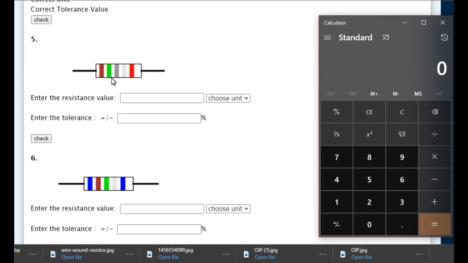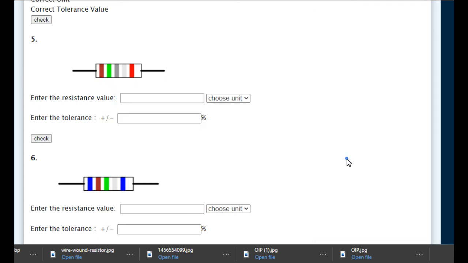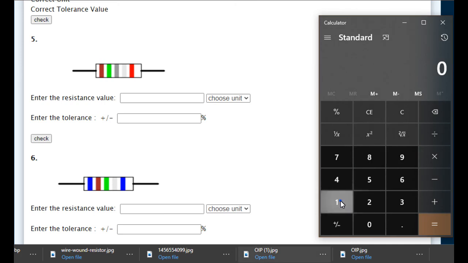Now the fifth one, this is also a 5 band resistor, definitely in the category of metal film resistors. The first band is 1, calculate with your calculator. The second one is green, representing 5. The third band is grey, representing 8, and the multiplier band is silver, that means it should be multiplied by 0.01.